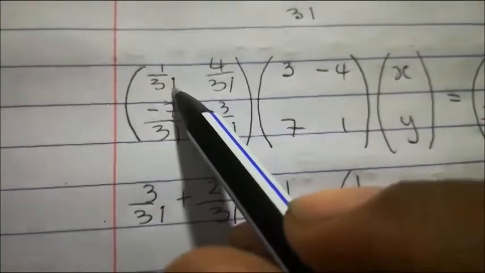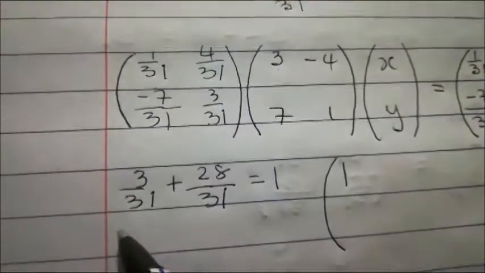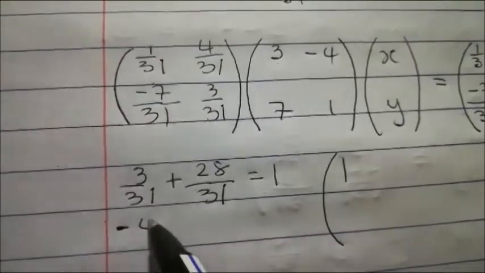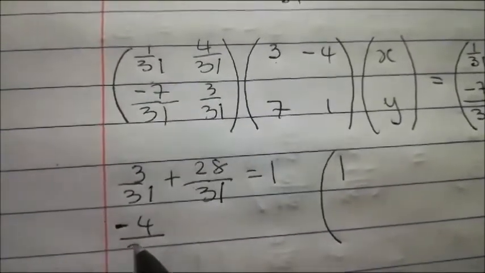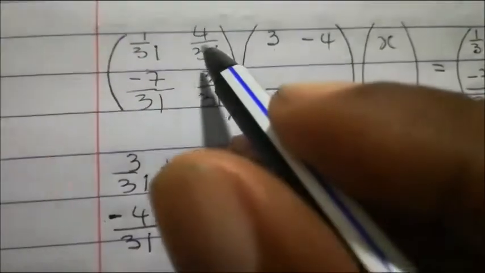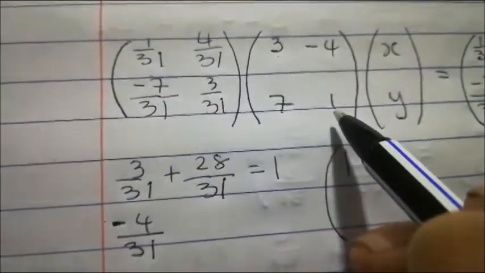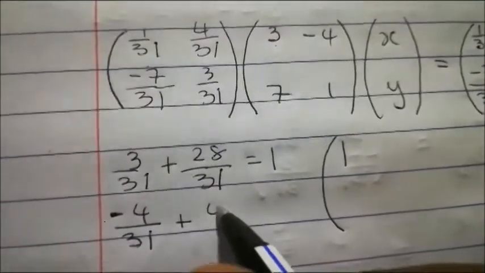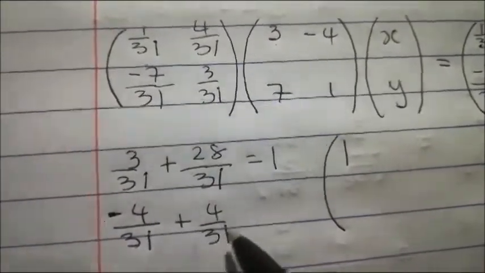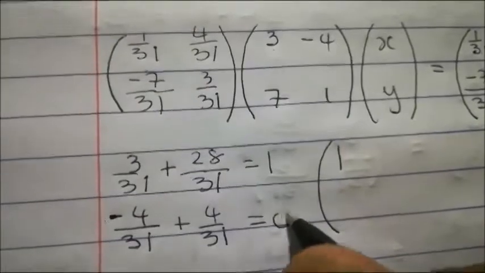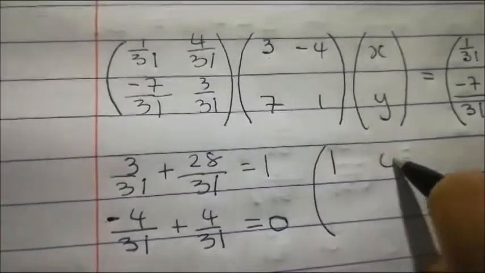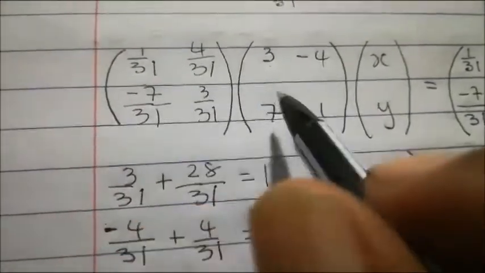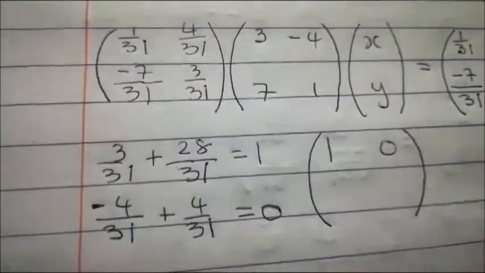So 1 times minus 4 is minus 4 over 31, and 4 times this, 4 times 1 is really 4 over 31. When you add these two, you're going to get 0, right? So 0 comes here. We're trying to prove to you that when you multiply the matrix by its inverse, you're going to get the identity matrix, right?